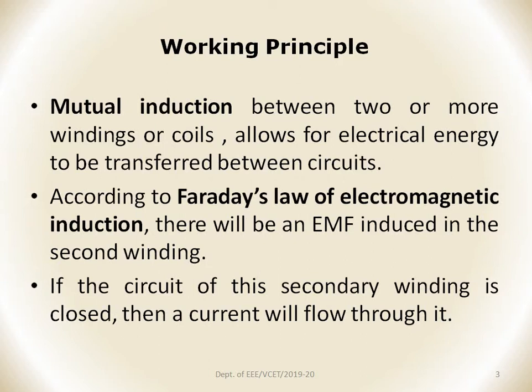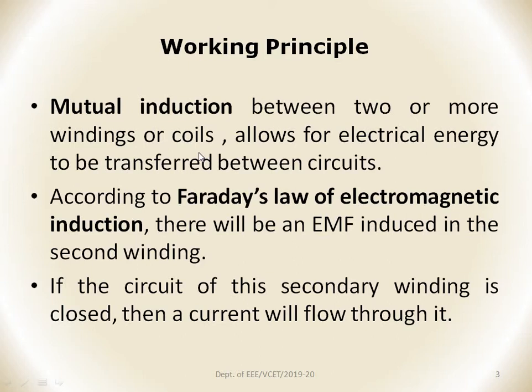The working principle of an electrical transformer is mutual inductance. So here the mutual inductance seen between two or more windings or coils allows for the electrical energy to be transferred between the circuits. The two coils are: one coil is called the primary, another coil is called the secondary.